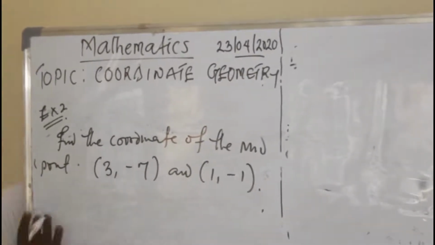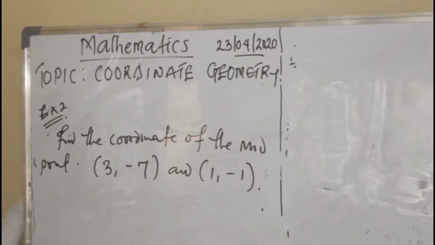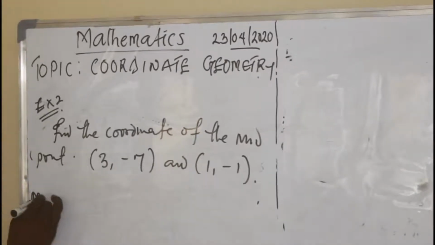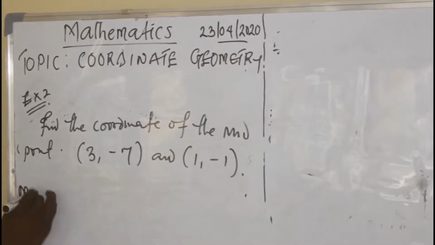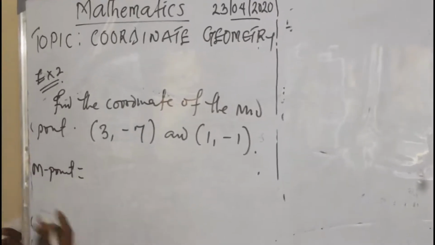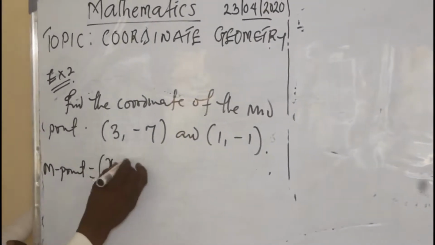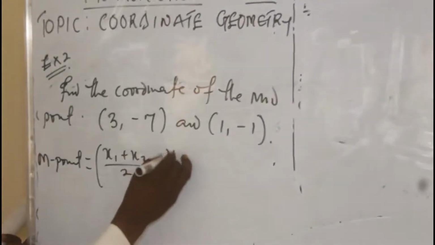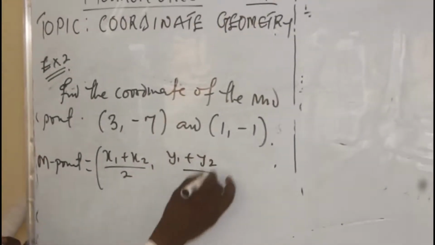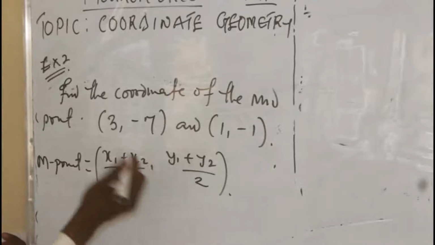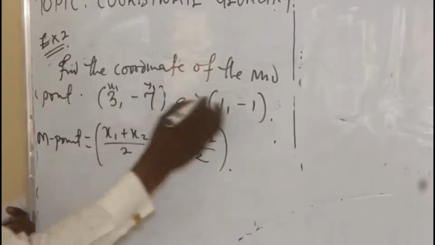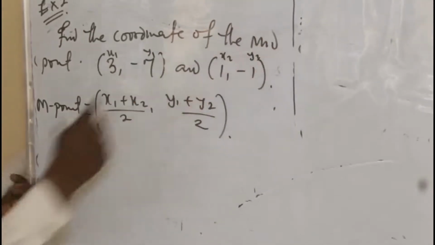So now, for you to find the coordinates of this midpoint, we know the formula of midpoint. What do we set the formula to be initially? x1 plus x2 over 2, y1 plus y2 over 2. Are we there? So on this one, what is our x1? This is x1, y1. This is x2, y2. Are we together?